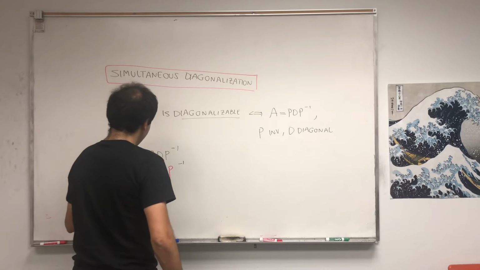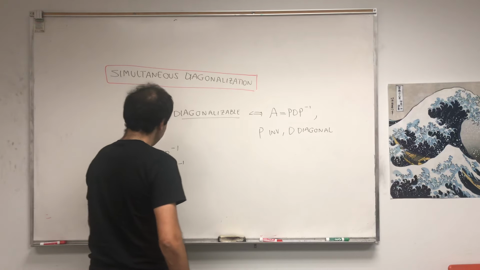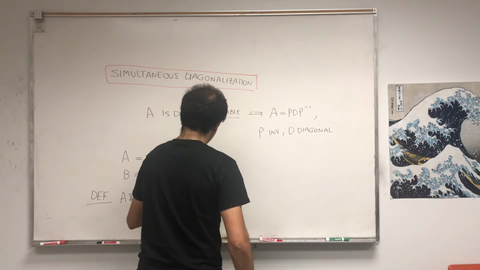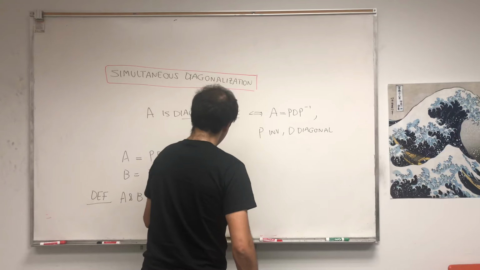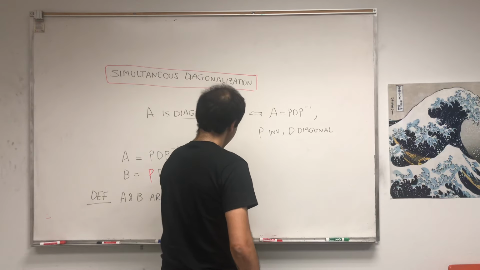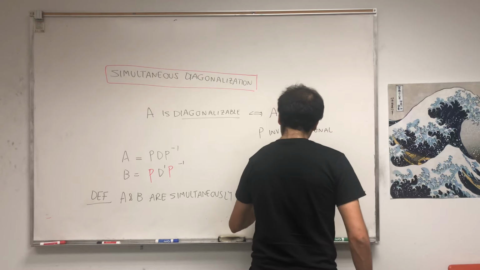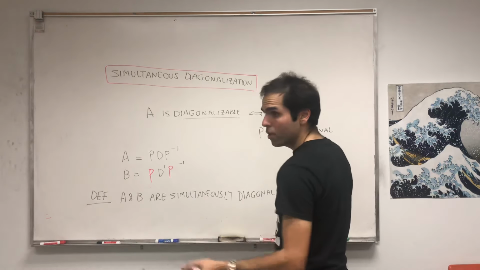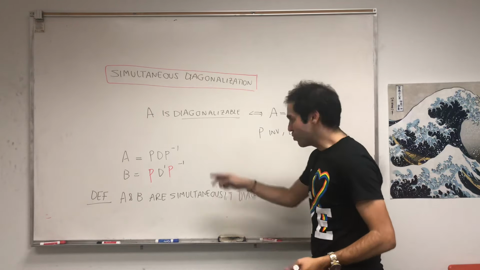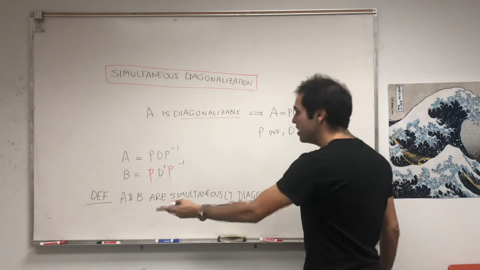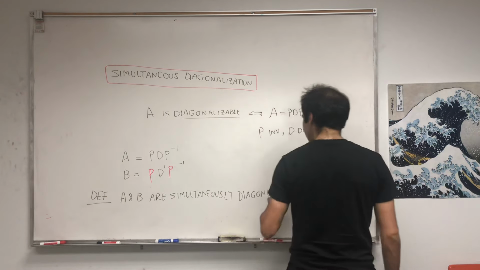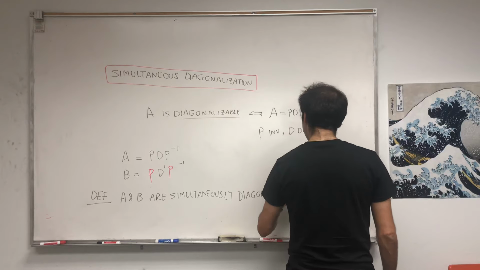A and B are simultaneously diagonalizable. In other words, we don't want to do twice as much work. We just want to choose the same P that transforms both A and B into diagonal matrices.